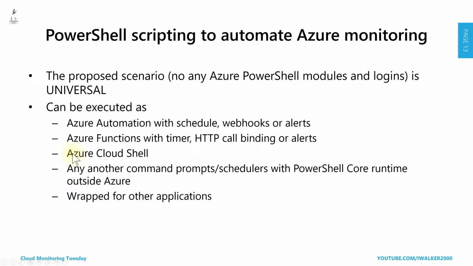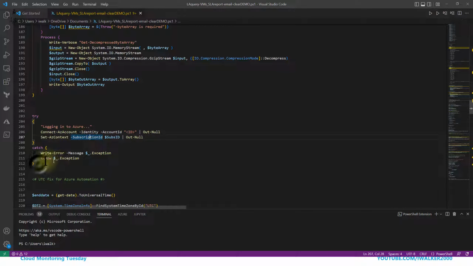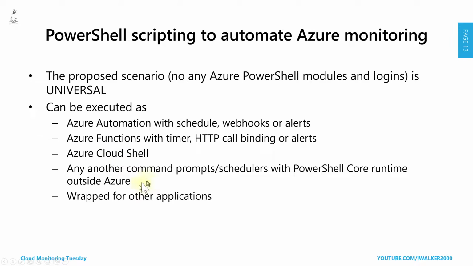So for Cloud Shell, if we execute this code in Cloud Shell, we can just delete this block and it will be executed, because it will use the Cloud Shell's identity that you saw before. So we can execute this in another Cloud Shell, right? PowerShell Core with the Az module installed, and it will work too.